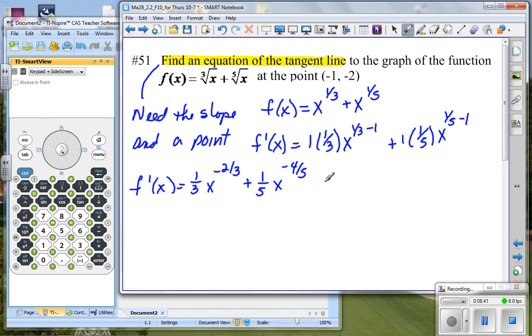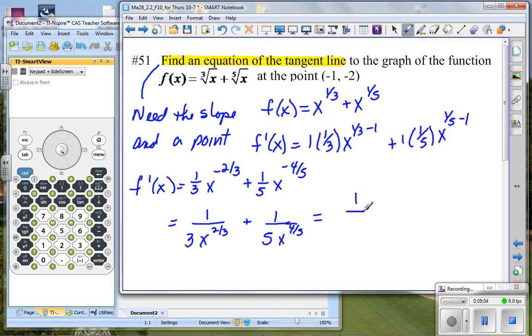It's going to be easier for us if we see this in a slightly different format, so let's write it as 1 divided by 3 times x to the 2/3 power, plus 1 divided by 5 times x to the 4/5 power. And again, we still need to do a little work to see this more clearly.